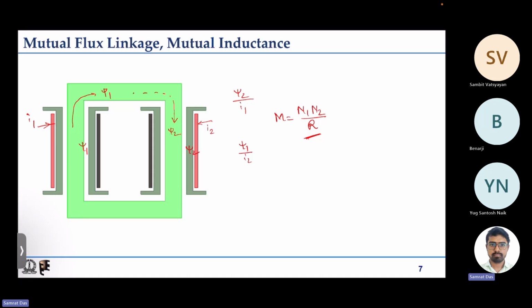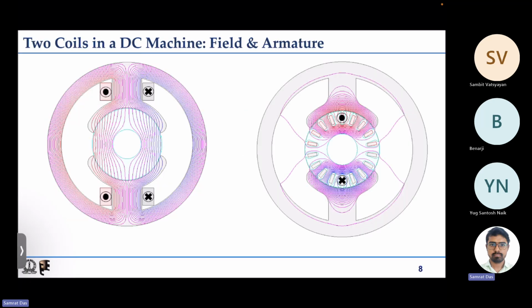So you understood mutual flux linkage and mutual inductance. Now we know that there are two coils in a DC machine. We have a field winding and armature winding. So if only the field winding is excited, you can see that a lot of flux lines are there, and obviously there's going to be some energy storage first of all, then some flux linkage and some inductance also.